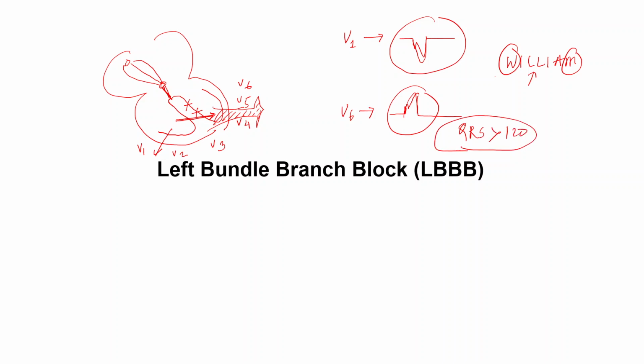We told you in the last lecture that the maximum QRS interval duration has to be 120 milliseconds. Anything more than that is wide QRS, and wide QRS is seen either in ventricular rhythm or supraventricular rhythm with aberrant conduction. Here there is aberrant conduction, so you are getting a wide QRS complex.